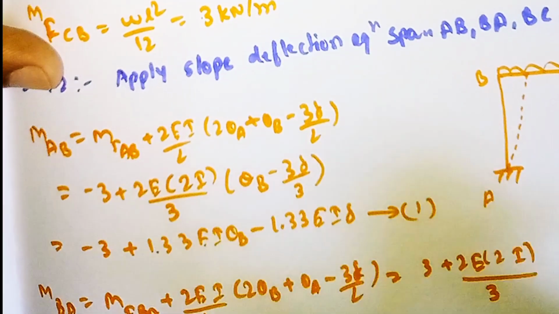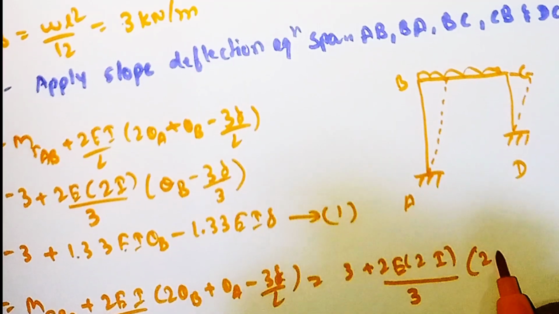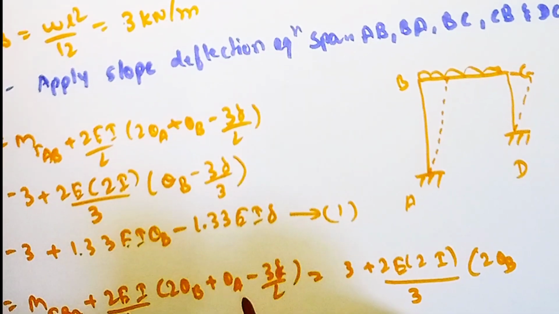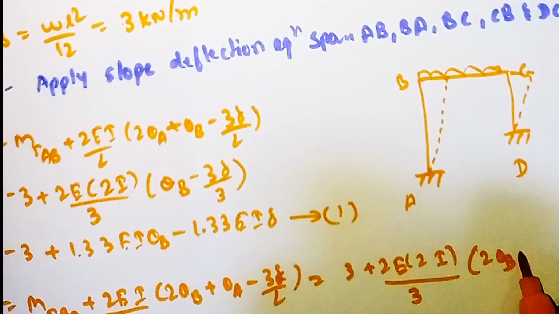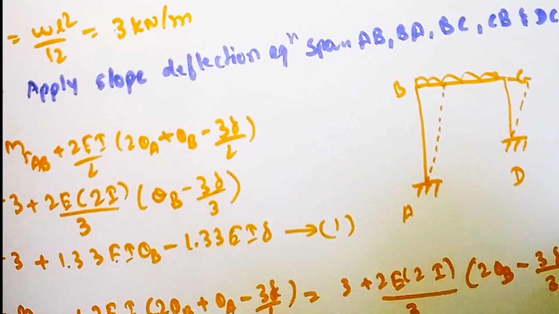2 into theta B, it has some value, so keep it as it is, and theta A is the fixed end, so it becomes 0 and I am not writing it. Minus 3 into delta divided by the length, 3 meter.